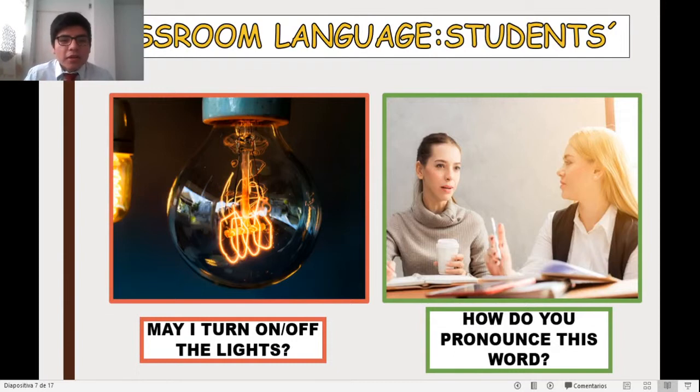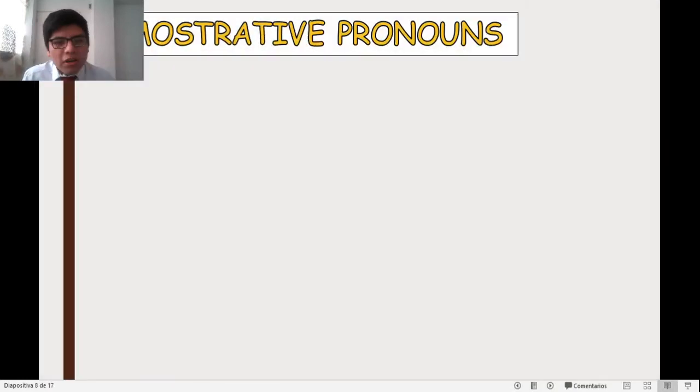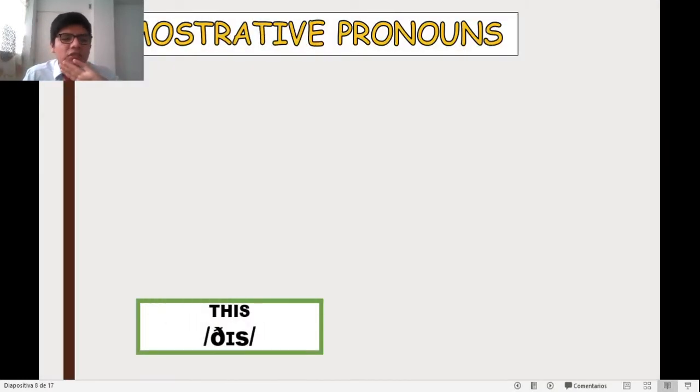So we have finished with classroom language. Okay, this is the end of classroom language. But let's see another topic about demonstrative pronouns, not about how to use them, but about pronunciation of this, that, these, and those.